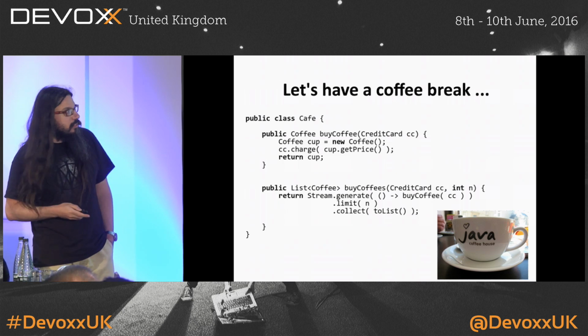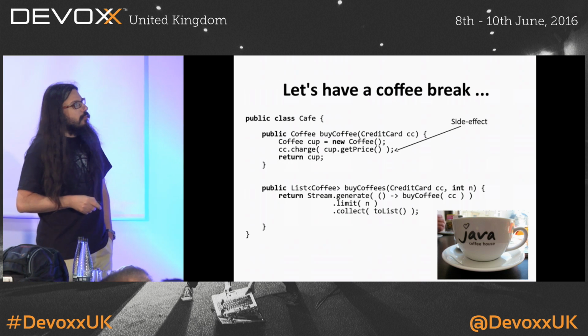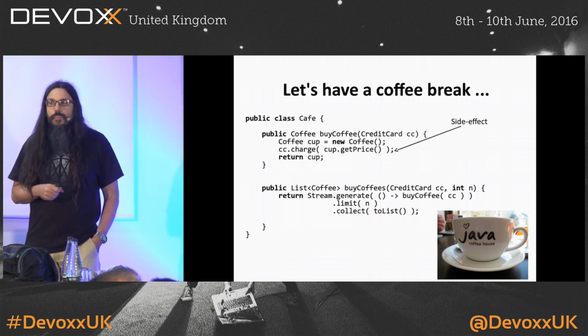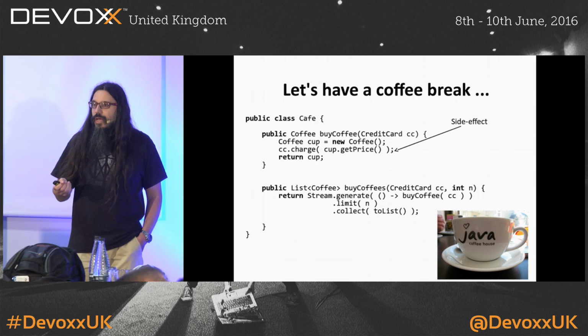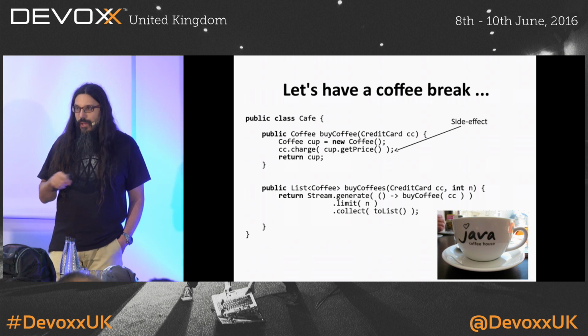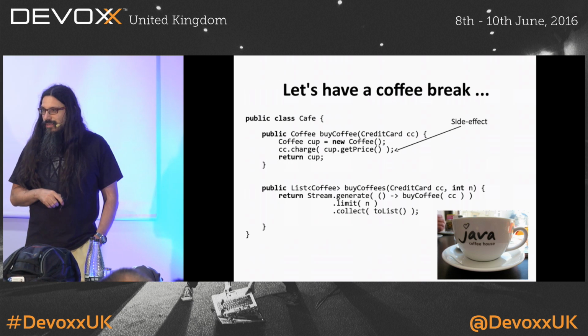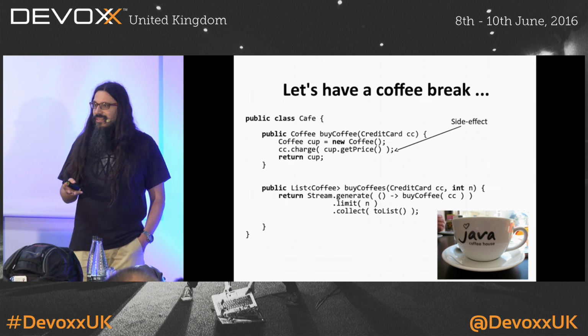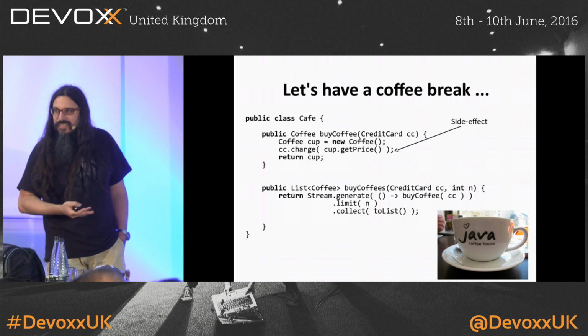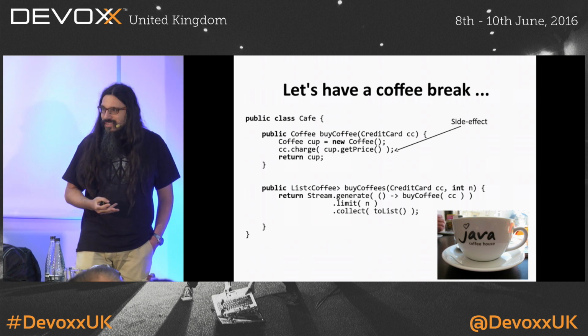What's the problem with this? The problem is that you have a side effect here. So if you pay a fee every time you use your credit card, you are paying that fee 4 times here. And probably you don't want that. This is the bad effect of the side effect, this time.